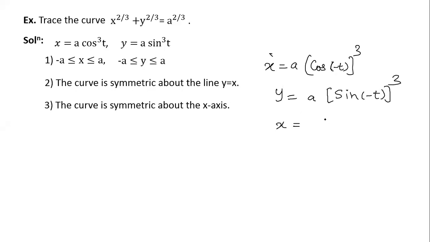That means x is equal to a into cos cube of t, since cos of minus t is cos t, and y will be equal to a into sine of minus t to the power 3, that is minus sine cube of t. So after replacing t by minus t, the x equation remains unchanged and the y equation changes in sign. So the curve is symmetric about x-axis.